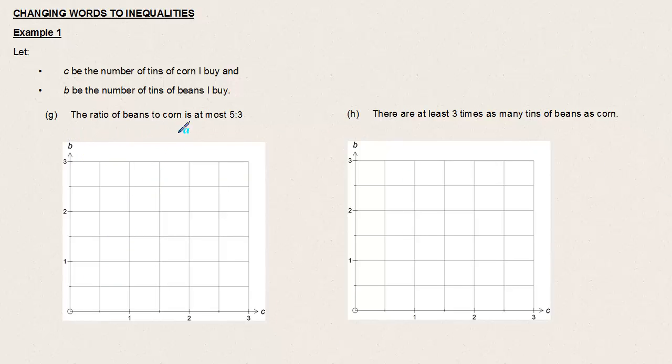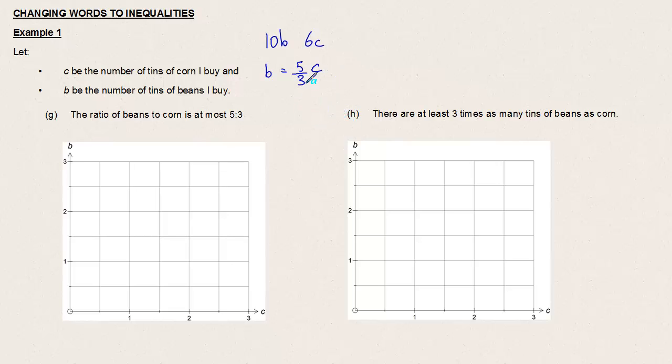The ratio of beans to corn is at most 5 to 3. So 5 to 3 means we could have things like 10 cans of beans and 6 cans of corn. That would give us a ratio of 5 to 3. So what we could have here is the number of tins of beans is going to be 5 divided by 3 times the number of tins of corn.